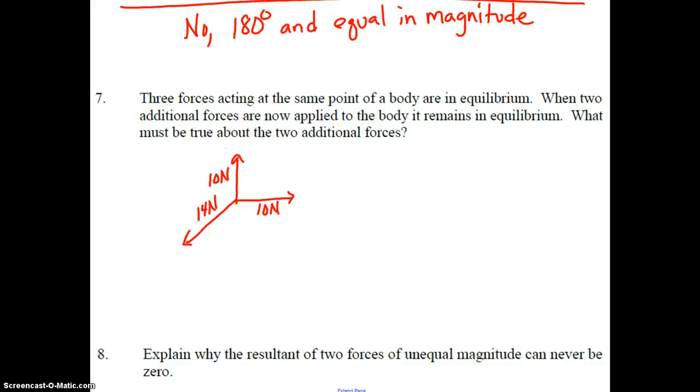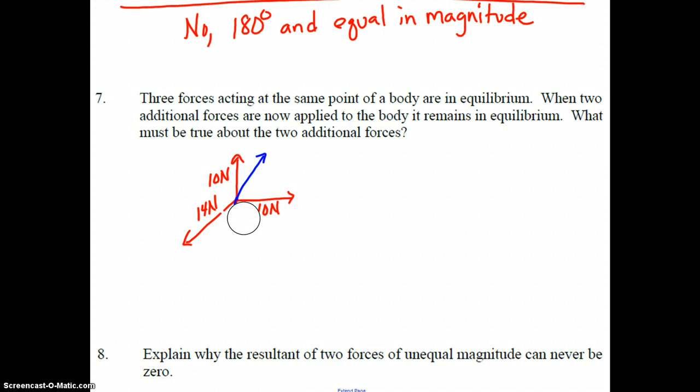Okay? This says we add 2 additional forces and the body remains in equilibrium. What must be true about the 2 additional forces? Well, since the system is already in equilibrium and you're only adding 2 more, these 2 forces have to be equal and opposite to each other.